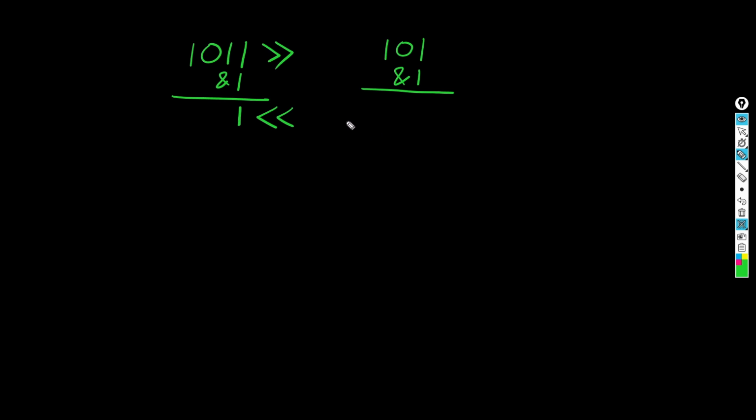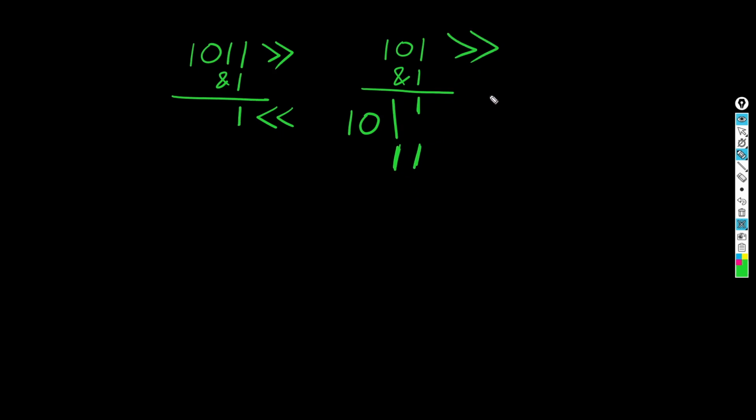My result becomes 1 0. And over here I get a 1. I add these two, which means I can perform a bitwise OR operation, which means this becomes 1 and 1. This would be my result.